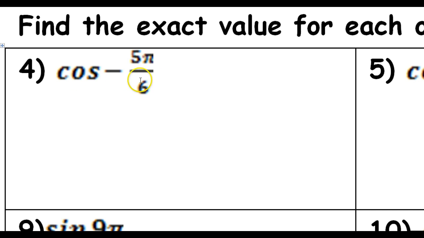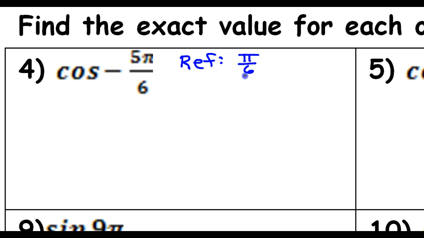So when I look at this, I say to myself, what is the reference angle? And it's pi over 6, so that's my reference angle. Let's just keep that in mind. Reference angle pi over 6.